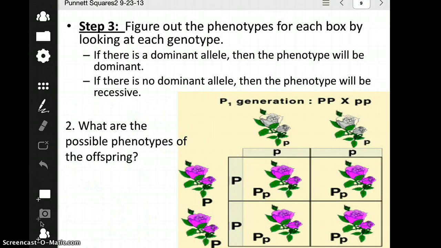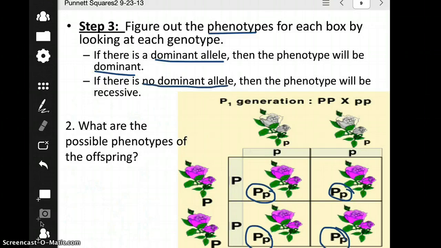Let's keep going. So now step 3, it says, figure out the phenotypes for each box by looking at the genotype. Okay, so let's look at this. Remember the possible genotypes were big P, little p for all 4 squares, right? So how do we know what color it's going to be? The phenotype. How do we know? Well, let's read this. If there's a dominant allele, then the phenotype will be dominant. Remember, dominant alleles are so powerful that they're going to get expressed if it's present, okay?